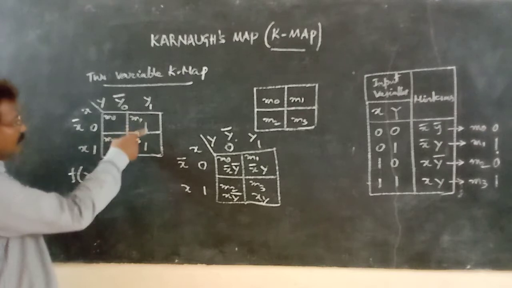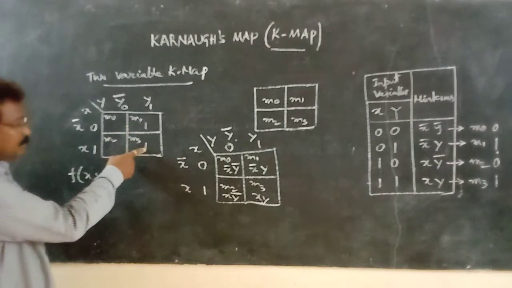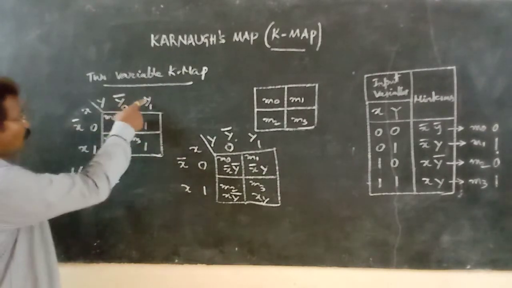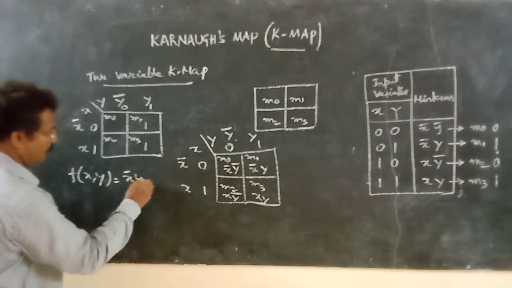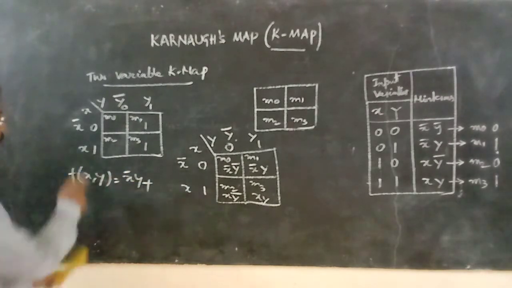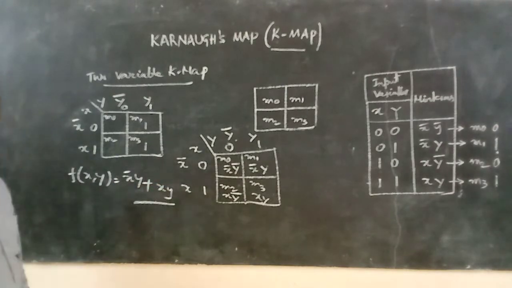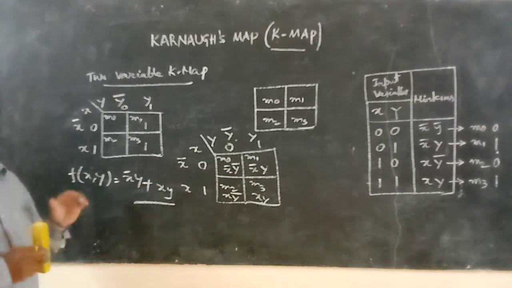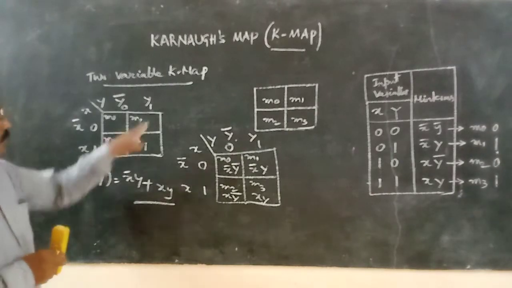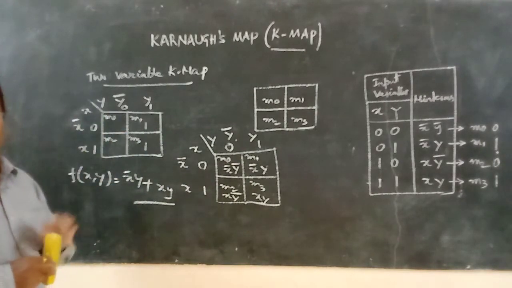Here 1 is present, and in this cell 1 is present. Here what is the 1? x bar y, plus here x y. So that is the way of writing the Boolean expression for the given truth table.